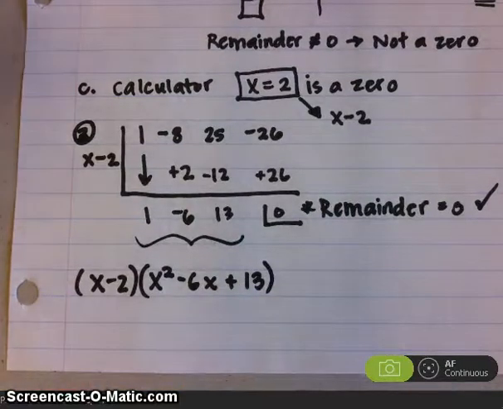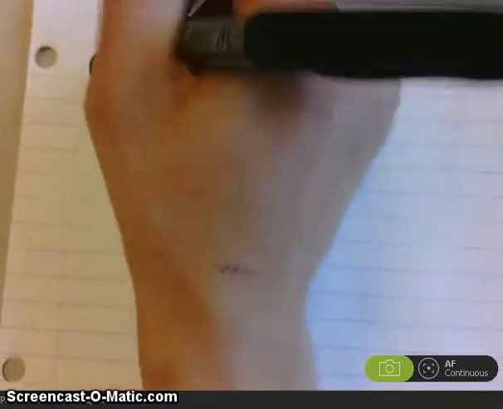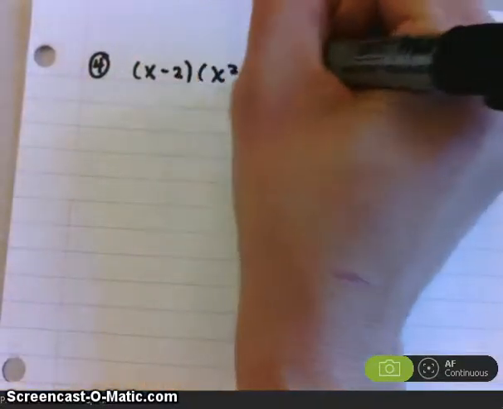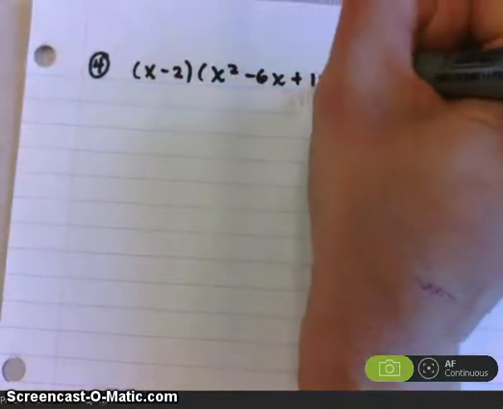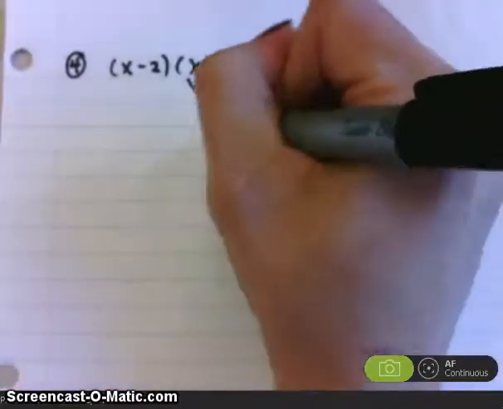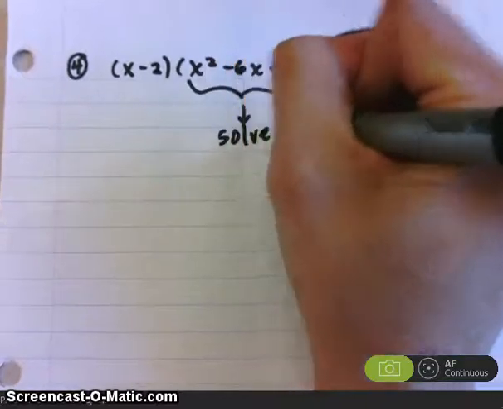So moving on to step number 4. Once I have it factored down so that I have a quadratic, I need to then solve that quadratic.